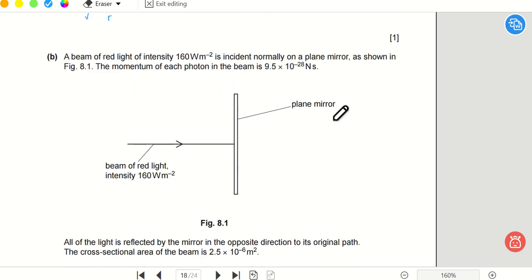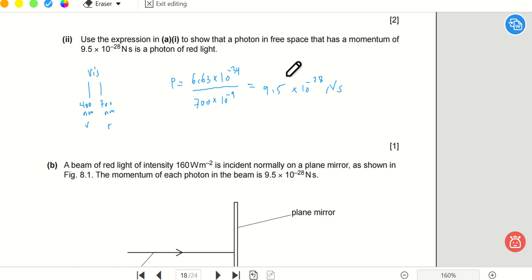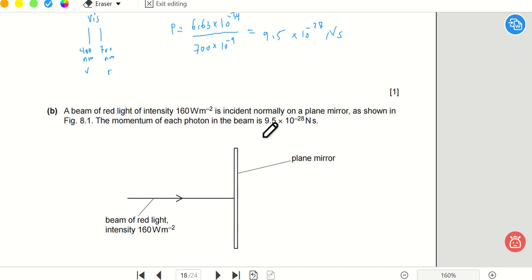A beam of red light of intensity 160 watt meter minus 2 is incident normally on plane mirror shown in figure. The momentum of each photon in the beam is the same value that we have just obtained for a red light beam.